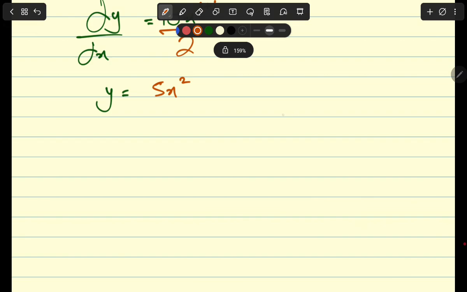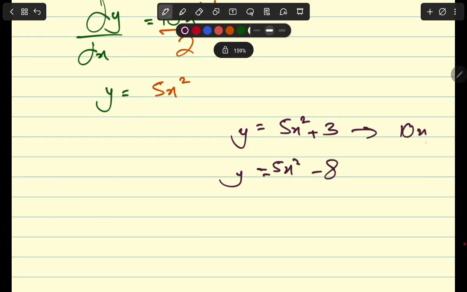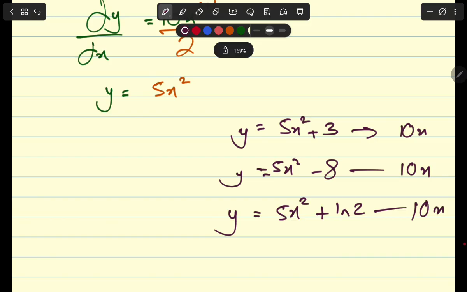But could y not be, let me change color, 5x squared plus 3 or 5x squared minus 8? See, the differential of this is going to be equal to 10x. The differential of this is also going to be equal to 10x. Could it not be 5x squared plus ln 2? The differential of this is also going to be equal to 10x, right?